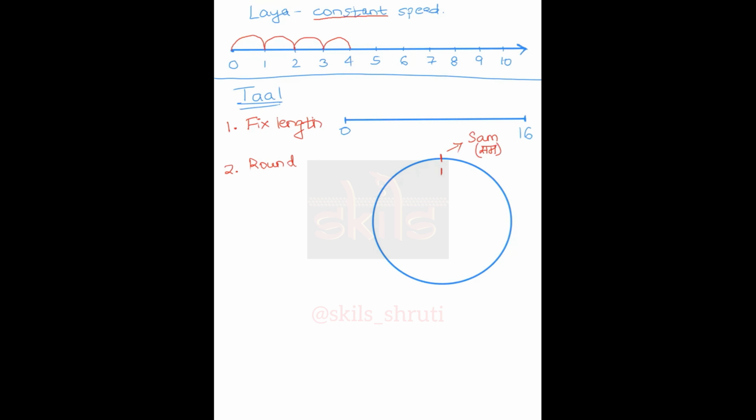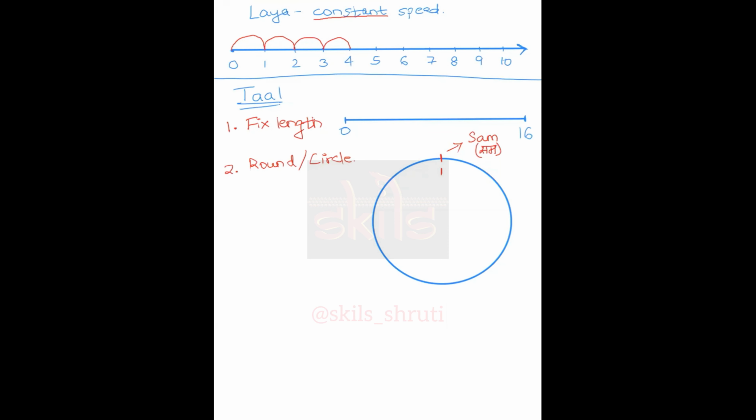As we have applied the rule that I am going to go in a circular motion always, after I start from 1, I can't come here and end at 16. Because if I end at 16, then the circle is not going to be complete. I want this to be a closed shape, not an open shape. So the first beat becomes important. That is going to tell you where to start and where to end.